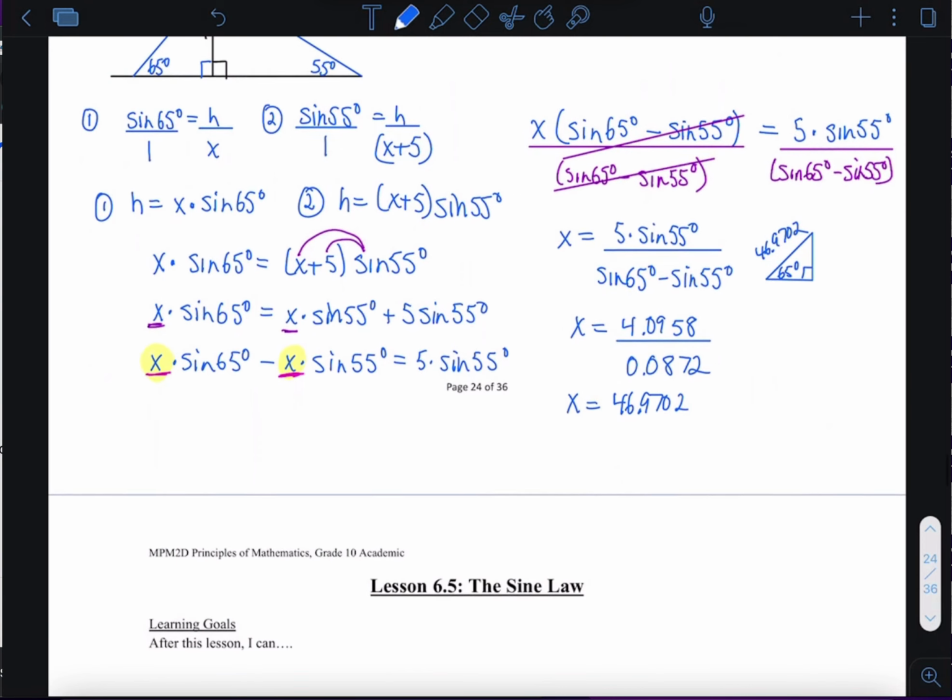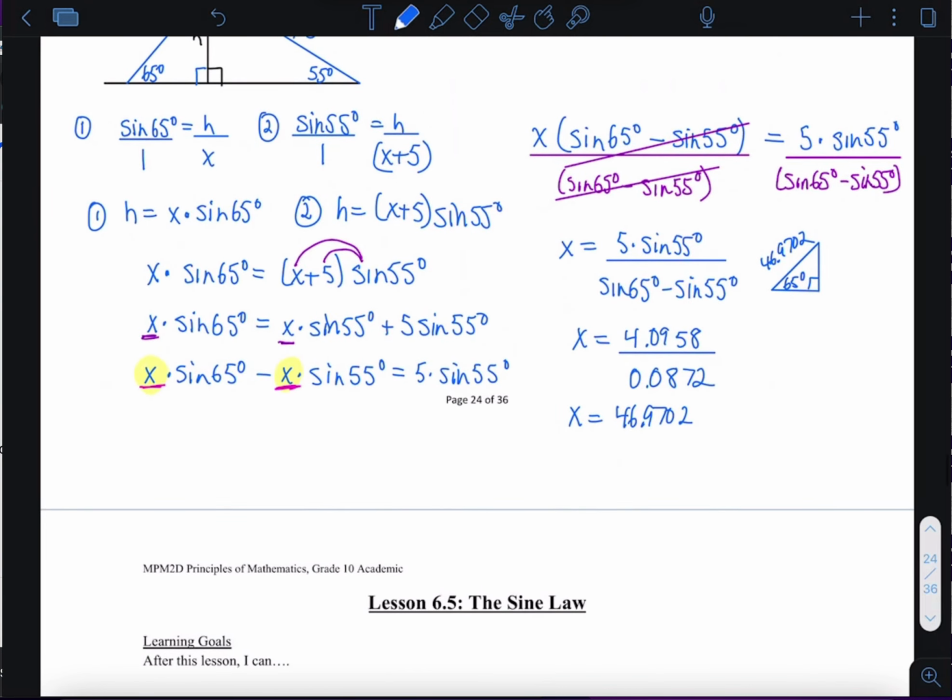Okay, so I'm going to call this h, and now I can say that sine 65 degrees equals h over 46.9702. h is 46.9702 times sine 65. And the very last calculation gives 42.5694.